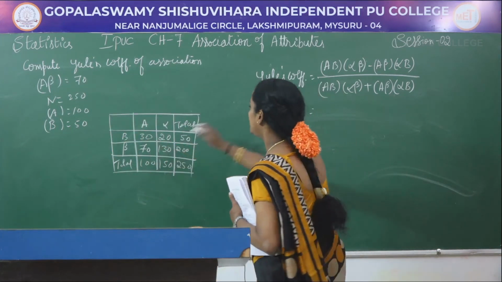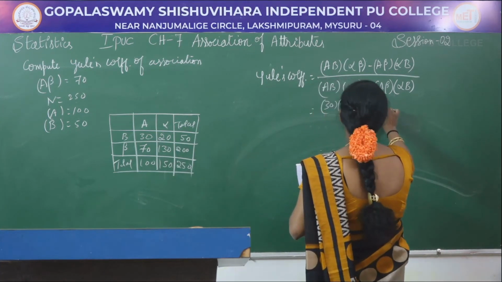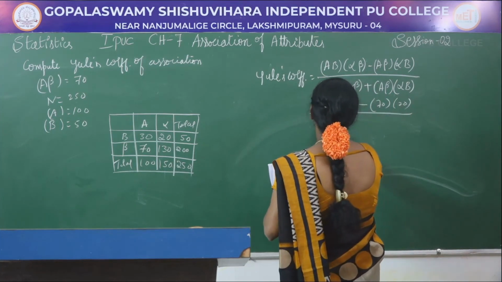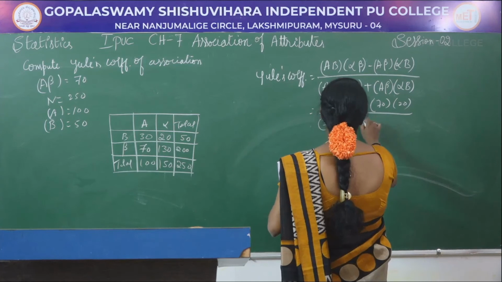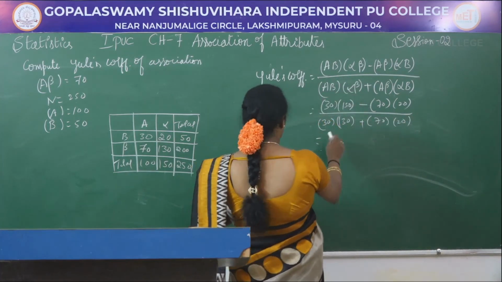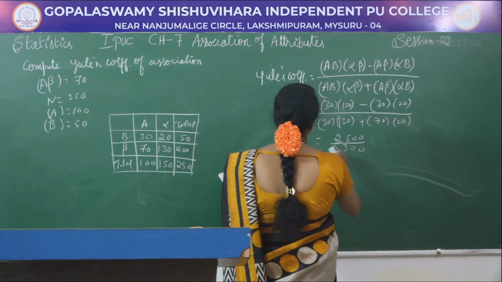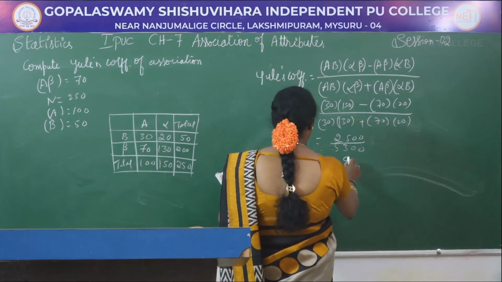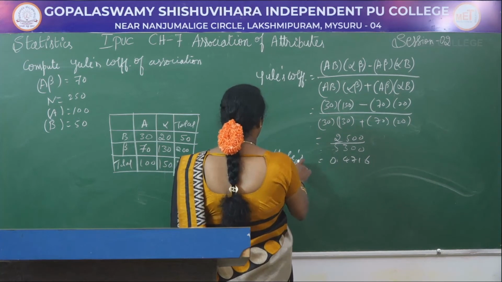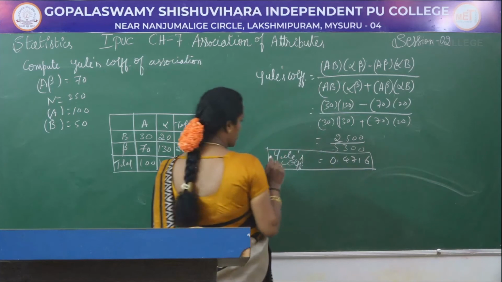It is 30 into 130 minus 70 into 20 divided by 30 into 130 plus 70 into 20. Next, we have to go for the simplification. Divided by 5300, it is 0.4716. This is our Yule's coefficient.